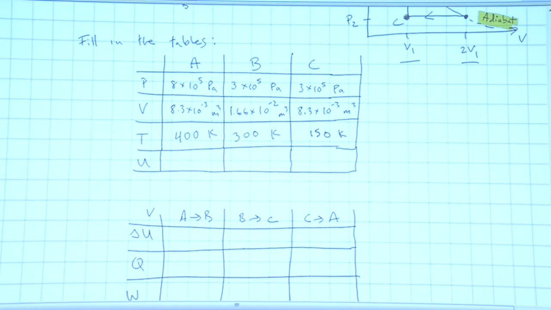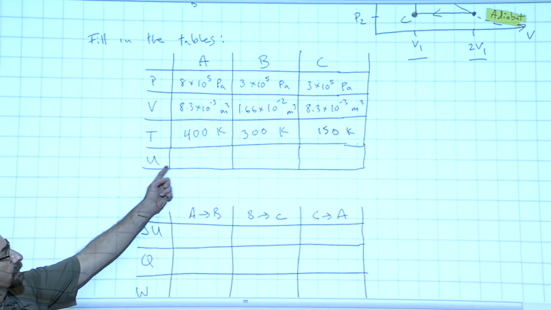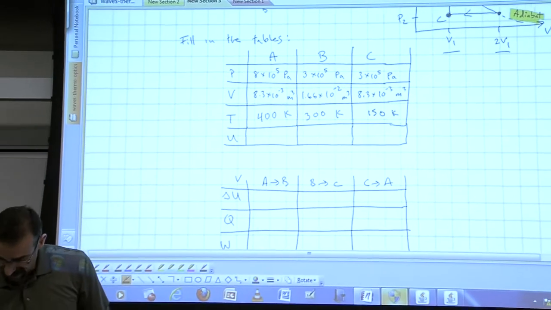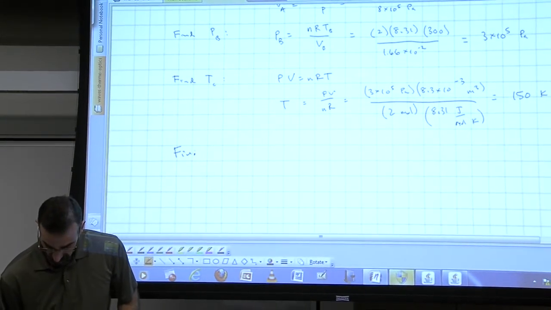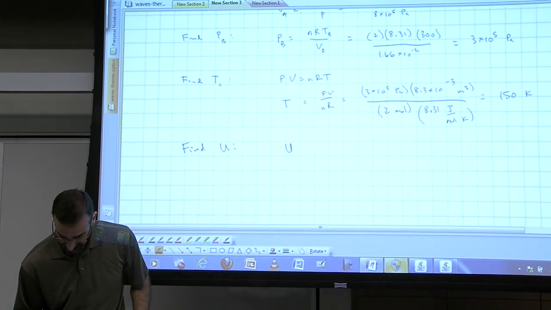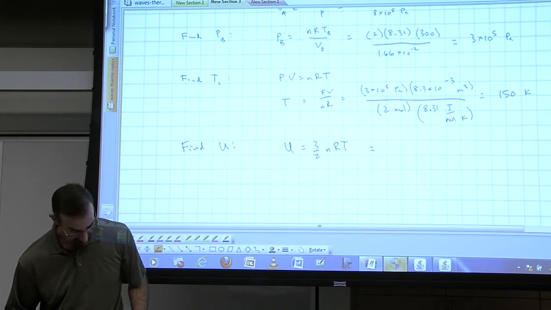So once I know the temperature at each of these states, I can go and find my internal energy, because this is an ideal monatomic gas. So what do I get? I'll just fill them in.